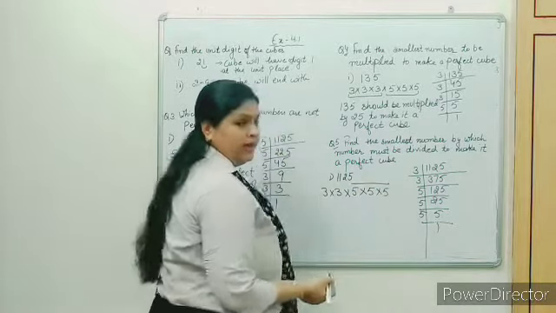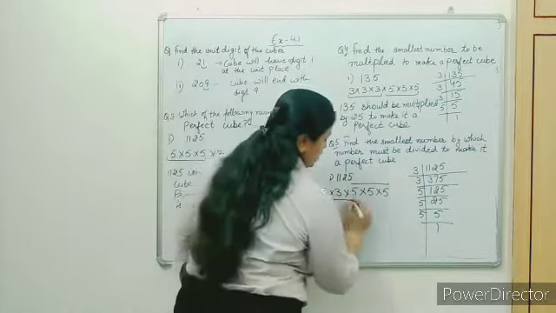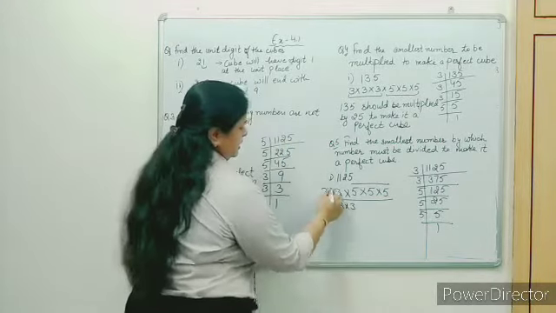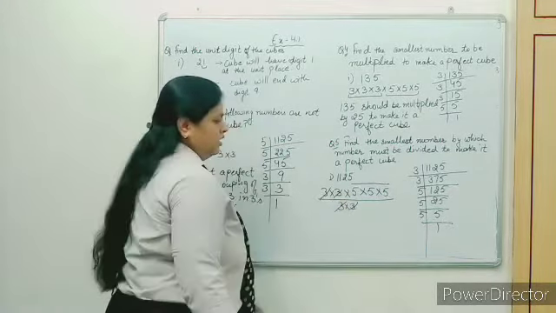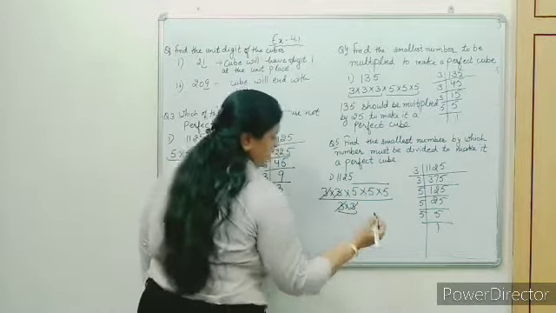Grouping of 5 can be done in 3s, but grouping of 3 is not possible. Here 3 is only twice. So we will divide it by 3 twice. Okay. Now only the group of 5 is left. The number is a perfect cube. So 3 into 3 is 9.